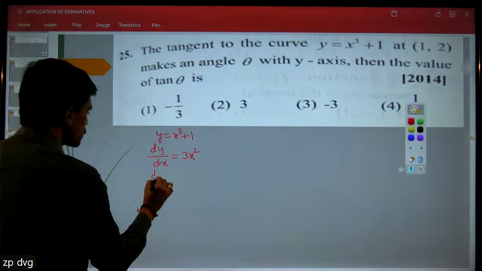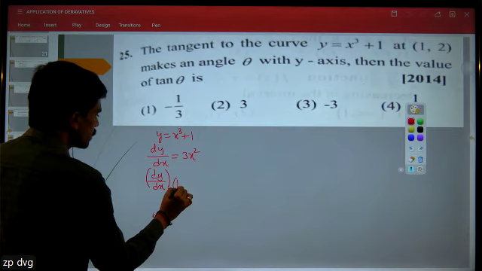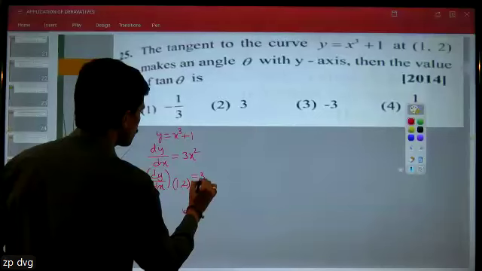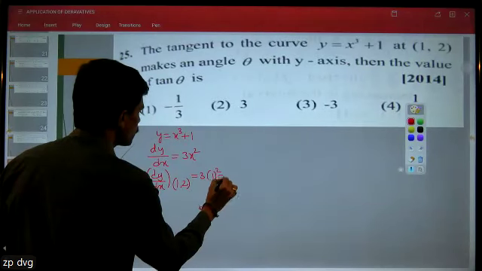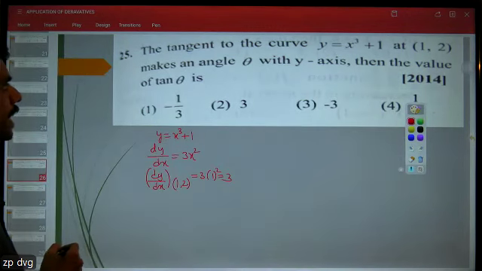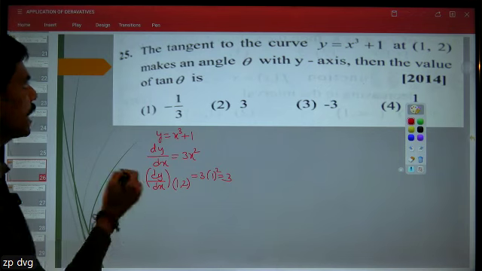So dy by dx at the point (1, 2), we get 3 into 1 square, which is equal to 3. Okay. So they given that it makes an angle theta with the y-axis, then the value of tan theta they ask.